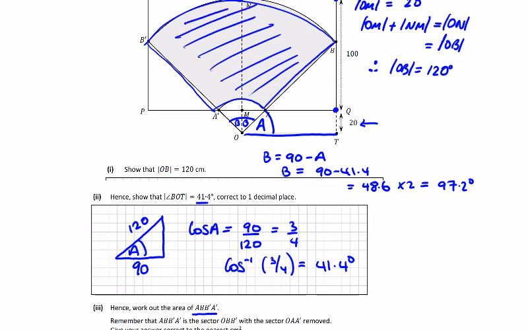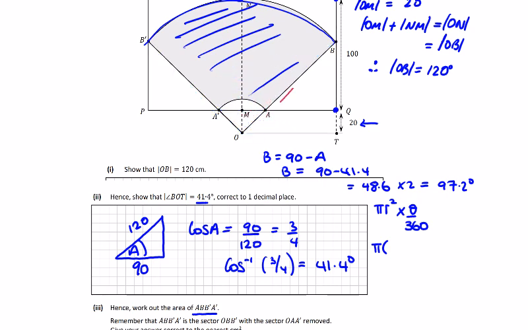So it's the area of the big one minus the area of the small one in here. So the area of the big sector, pi r squared is the area of the circle, multiplied by theta over 360. So for the big one, we're going to get pi by the radius, which is OB, which is 120.